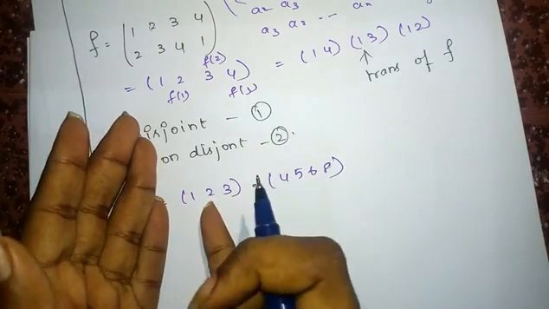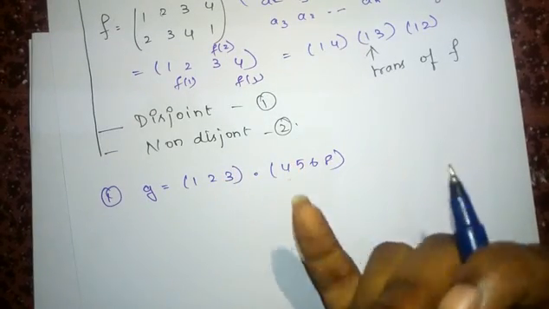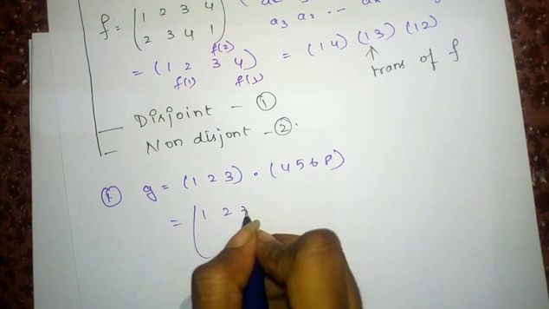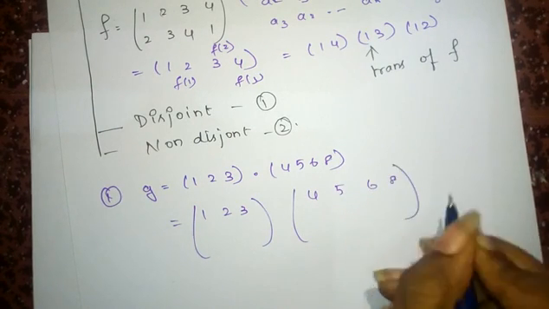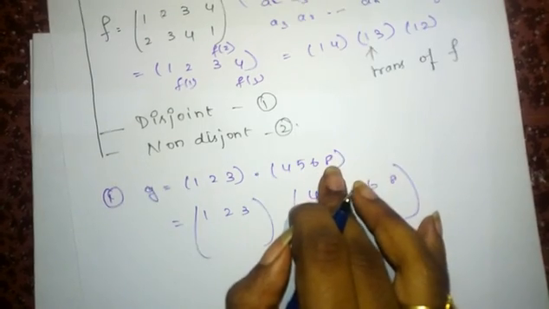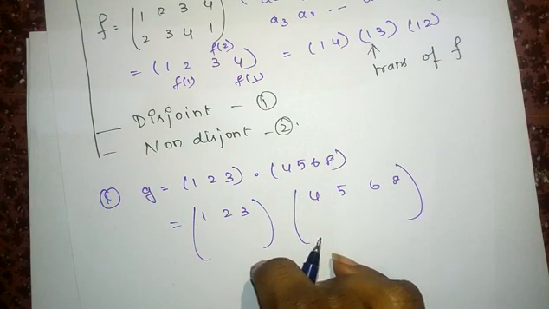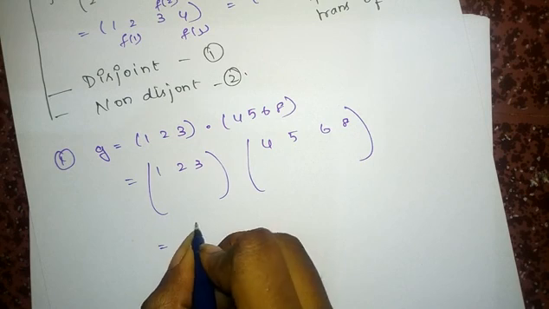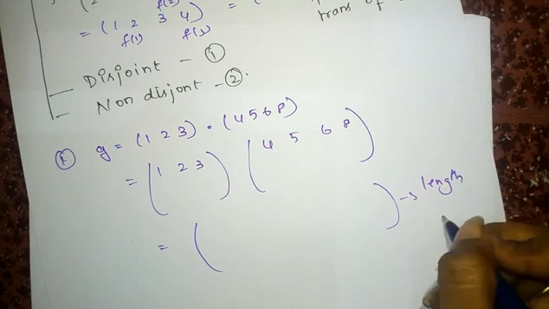In the first bracket there are 1, 2, 3, and in this bracket 4, 5, 6, 8. Since the largest number here is 8, the permutation after composition is of length 8.